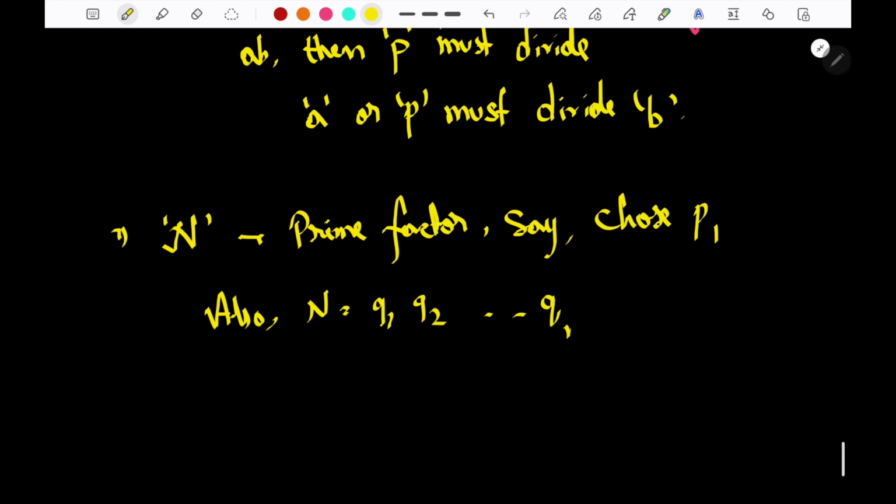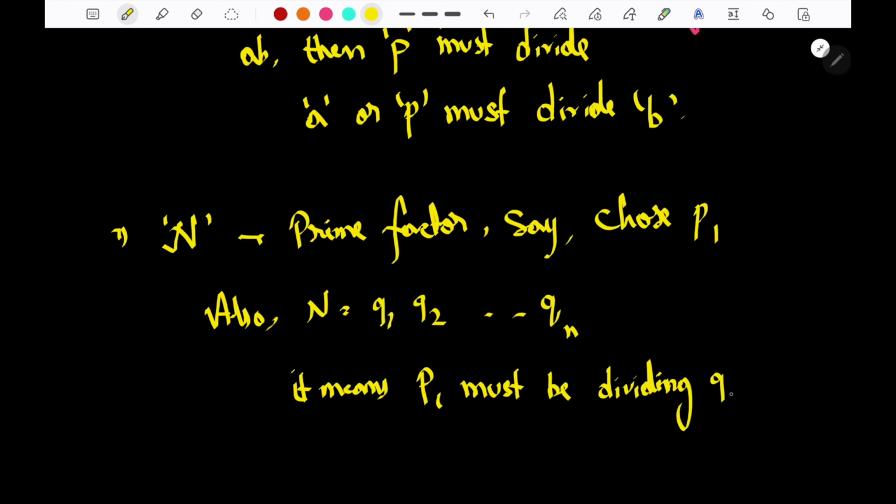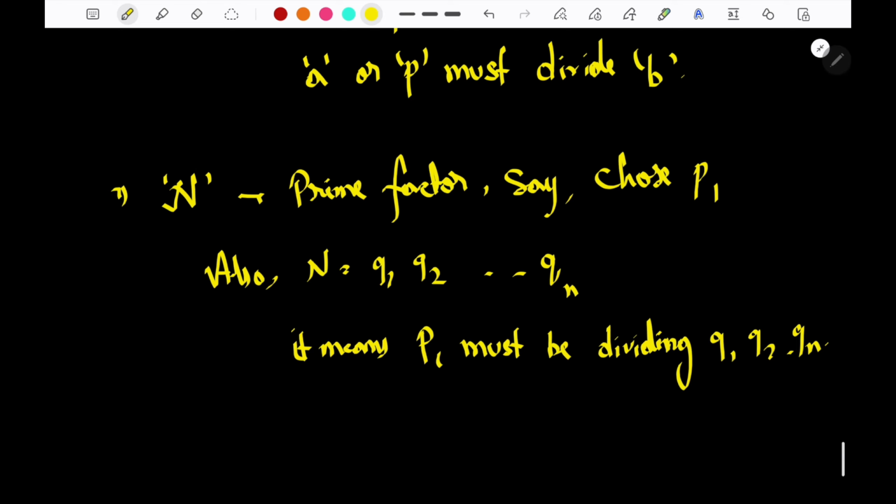Okay, so it means p1 must be dividing q1, q2 up to qn.